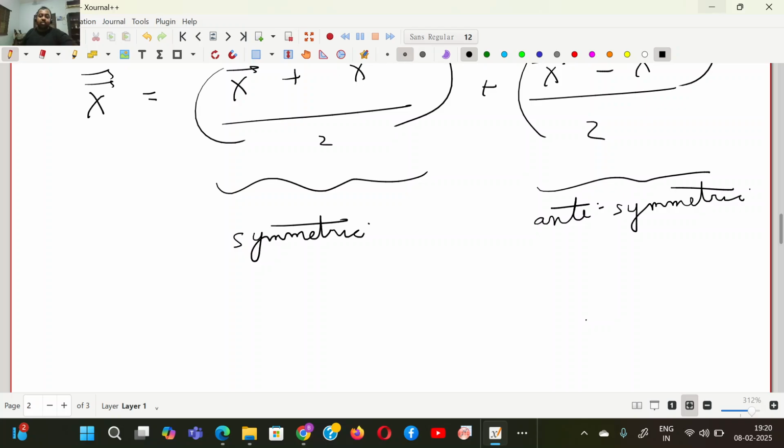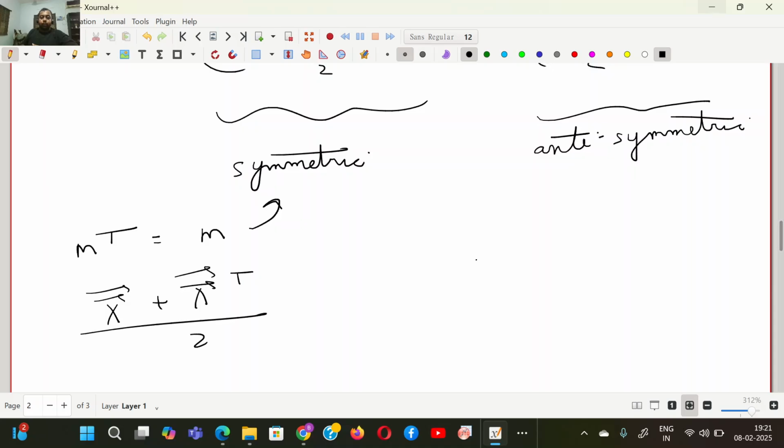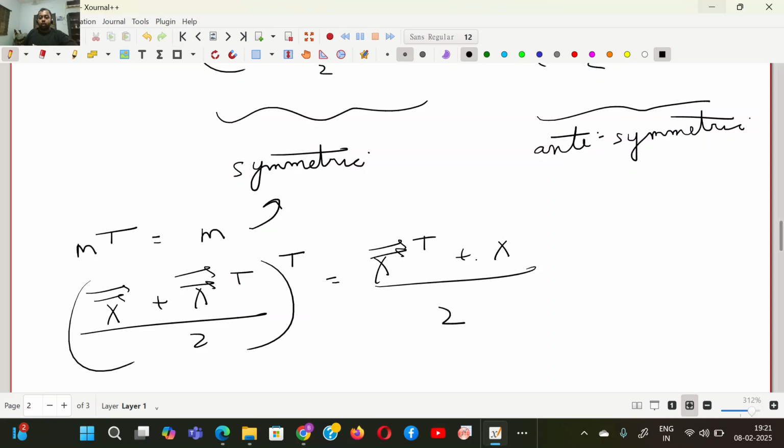What does symmetric mean? What does anti-symmetric mean? Any matrix, if you take the transpose of that matrix and it is the same as the initial matrix, then it is symmetric. So here, if it's x plus x transpose by 2, you transpose this, it is just x transpose plus x by 2. So both are equivalent. What is this term and what you're getting here, both are same. So it is symmetric.